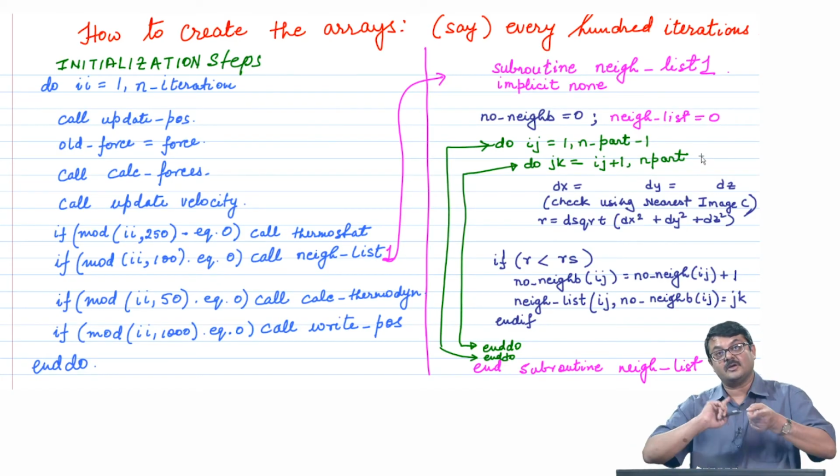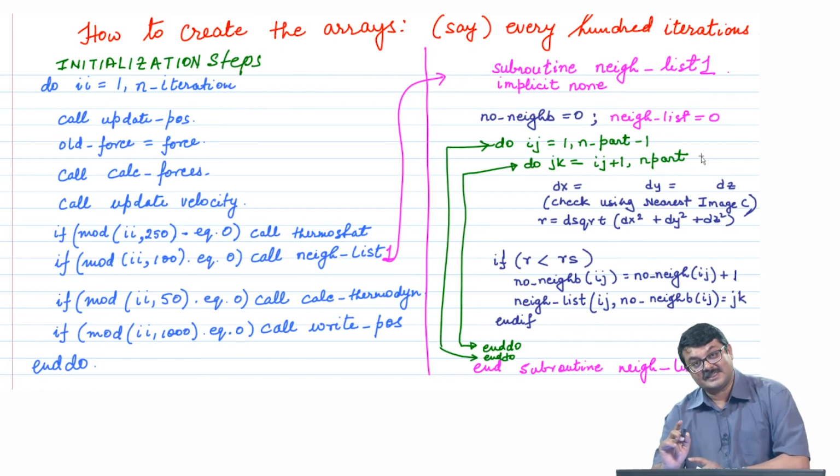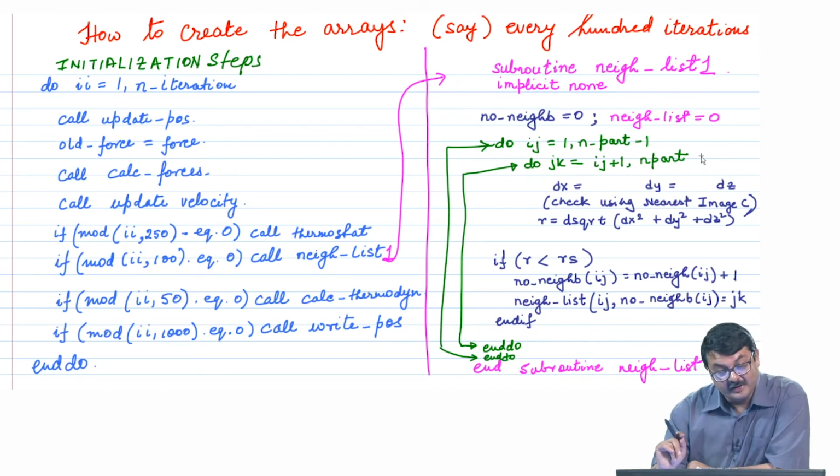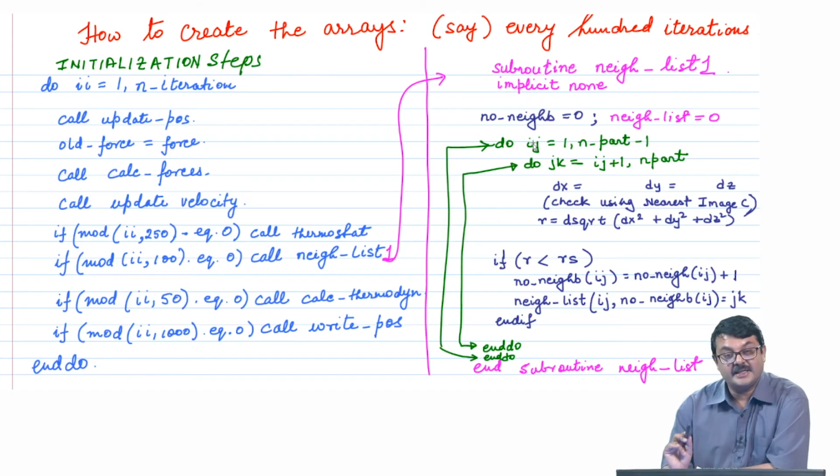So that you are checking over each pair of particles in the system. When you are calculating the neighbor list, you have to check over each pair of particles in the system. Now, ij is one particle, jk is the index of another particle. You calculate the displacement dx, the difference in positions in the x direction, in the y direction, in the z direction.